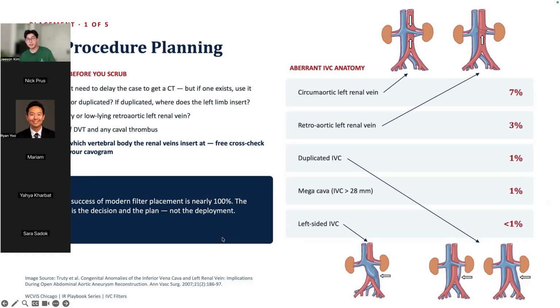But the key point at the bottom here is that placing these IVC filters has a 100% success rate. The hard part isn't getting it in, but it's really about, again, just making the right decision and having a good plan for the patient.